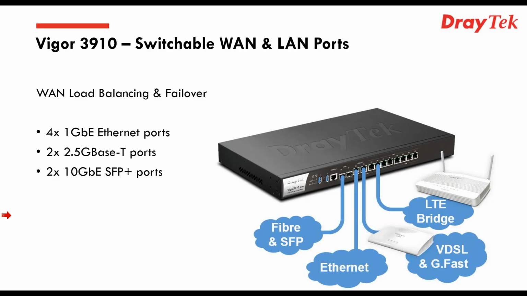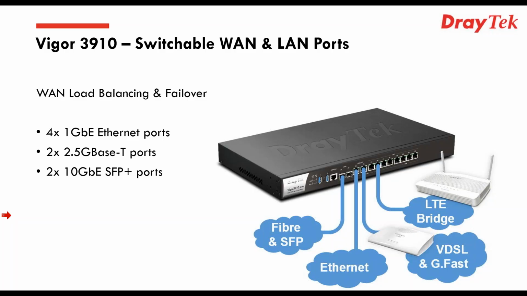And also you have an image there of the 2620 LN, and this is a SIM device. It's got dual SIM and can provide LTE connectivity, but also has a function where it can be put into an LTE bridge. So this is great for providing 3G, 4G connectivity to a site, and you can position the actual 2620 LN in a position where it's got a good signal and run an Ethernet cable back to the Vigor 3910 there, connected to a configured WAN port for connecting to that service.